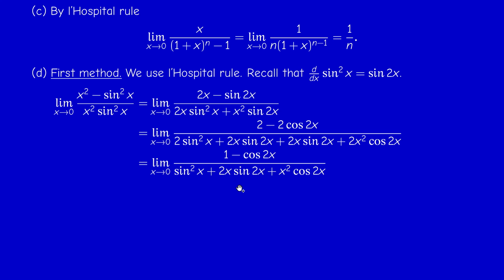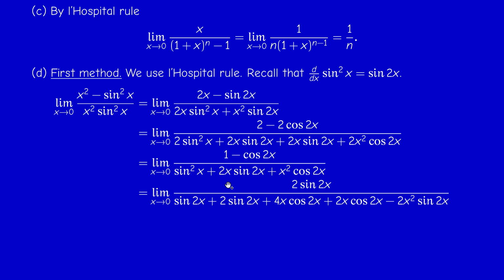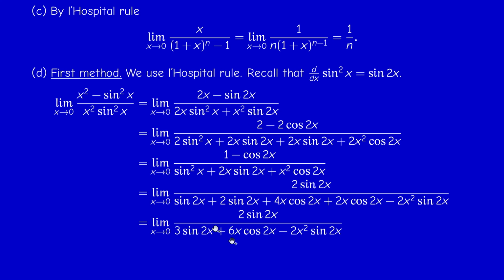This is still of the form 0 over 0, so I differentiate another time, and I get 2 sine 2x over this. Of course, I can simplify here because this is 3 sine 2x and this is 6x. Now we could apply L'Hopital's rule another time, but it's not necessary.